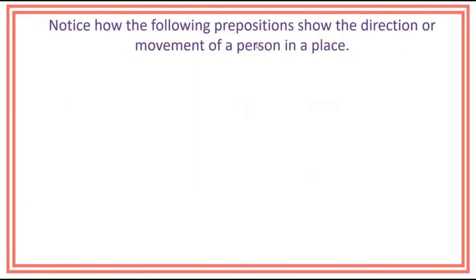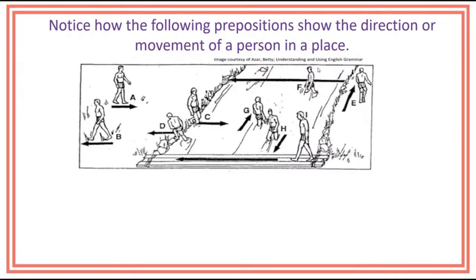Notice how the following prepositions show the direction or movement of a person in a place. So we have here A, B, C, D, E, F, G, H, and I. So person A, he is walking toward the stream.